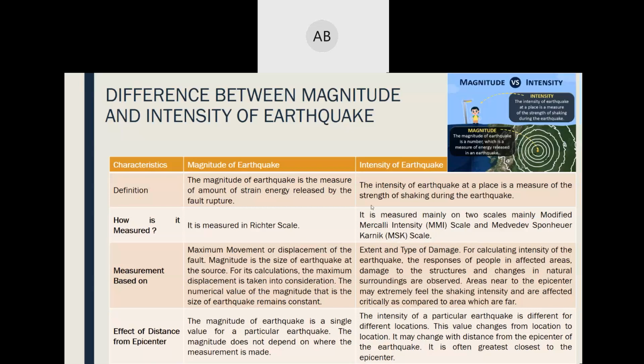So depending on how you feel the shaking, sometimes we try to connect similar shaking intensities from one point to another, connecting dots on the ground, and then we come up with what are known as the isoseismal lines.